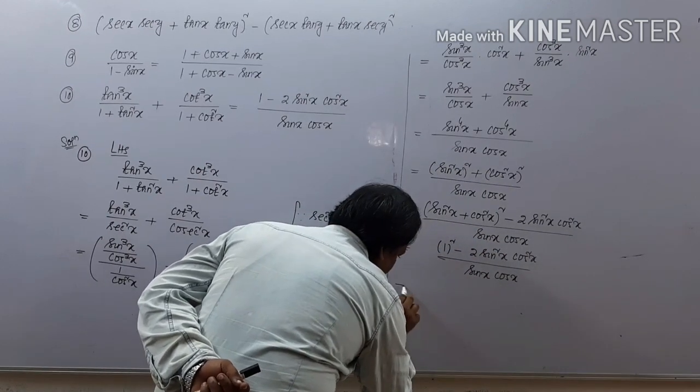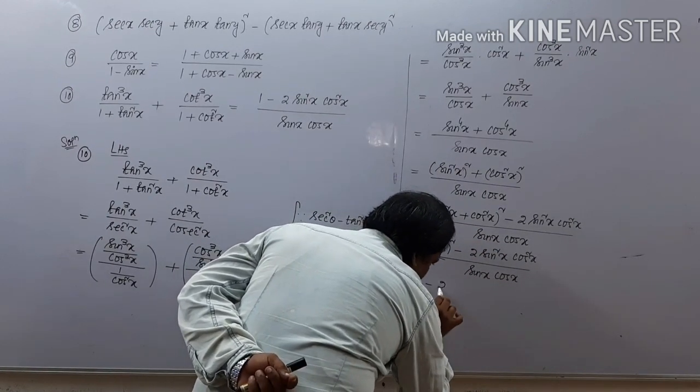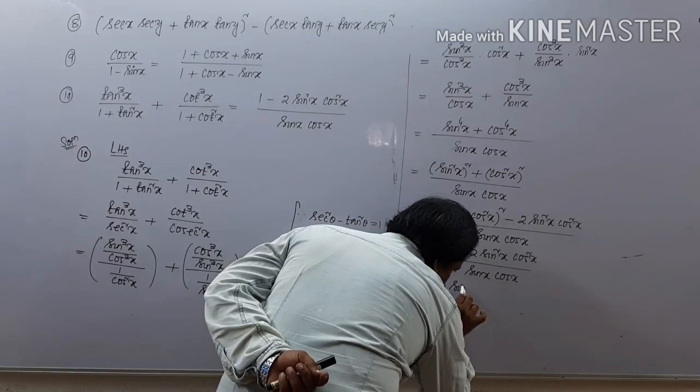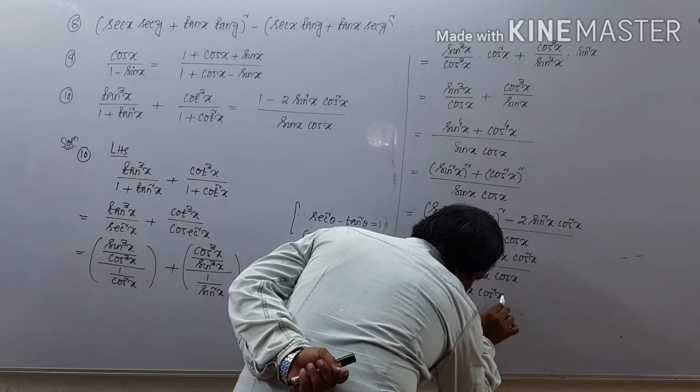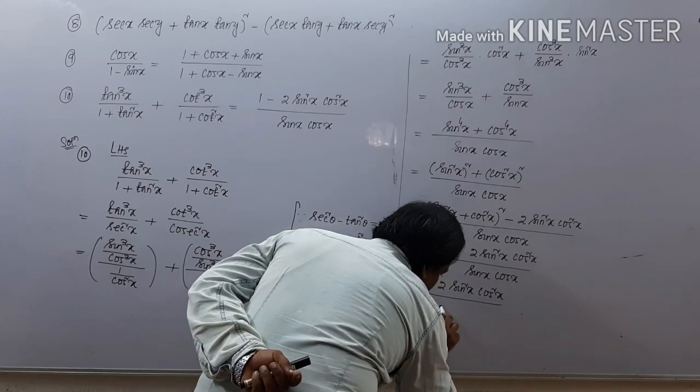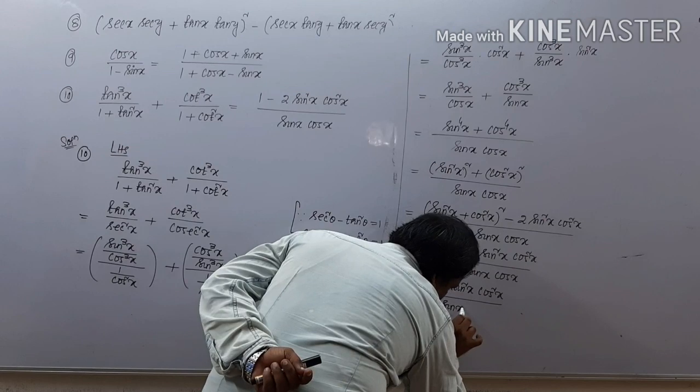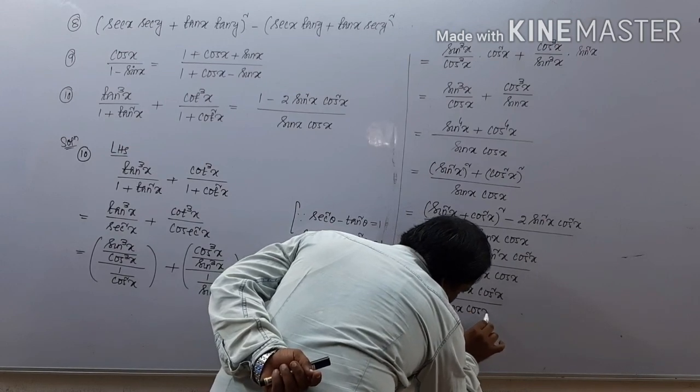So this is equal to 1 minus 2 sin square x into cos square x divided by sin x into cos x.